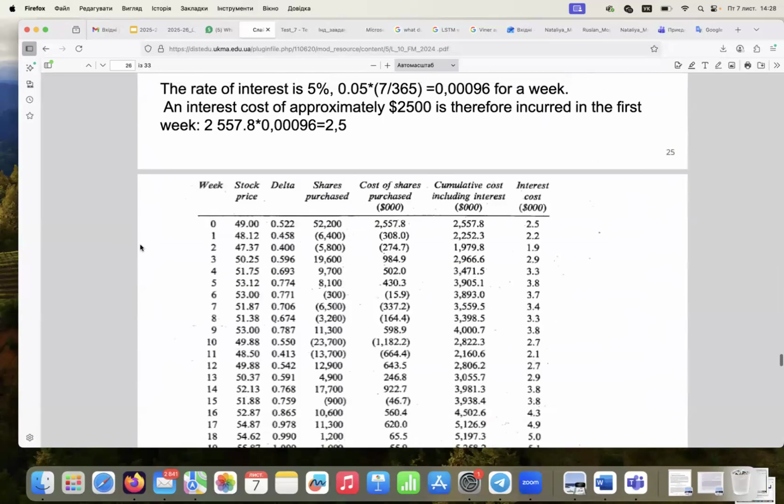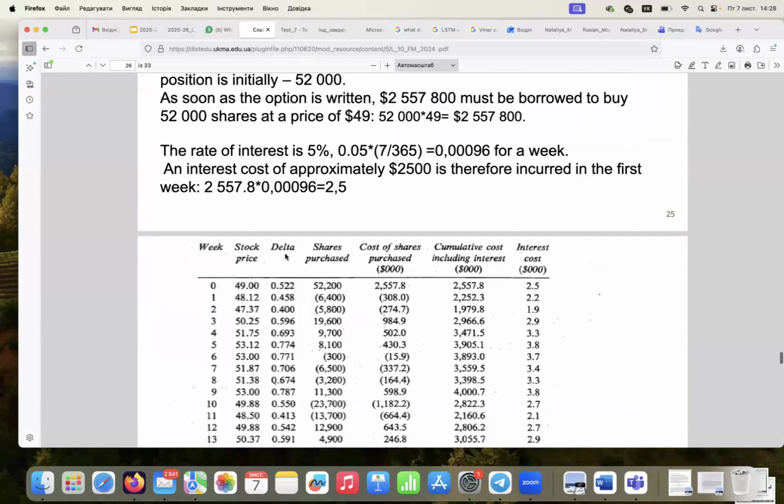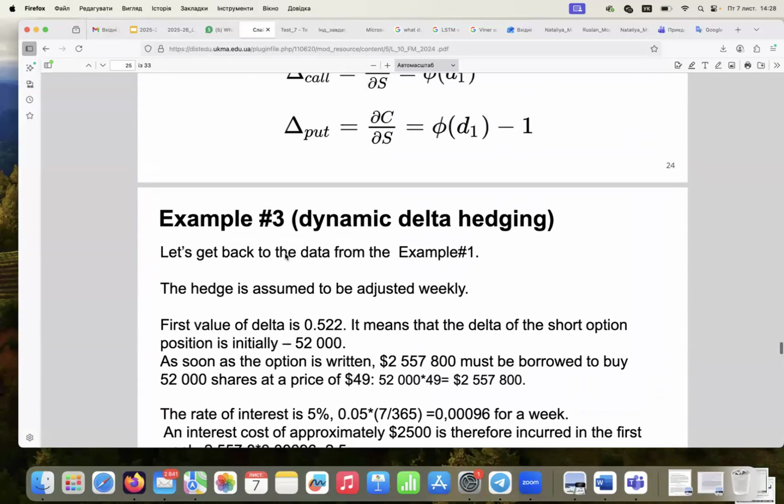Okay, so today we know about all these parameters, and we see on the Nasdaq that the price for today is 49. Okay, 49. We need to compute delta. You know that we can do this using Median, or by calculator.